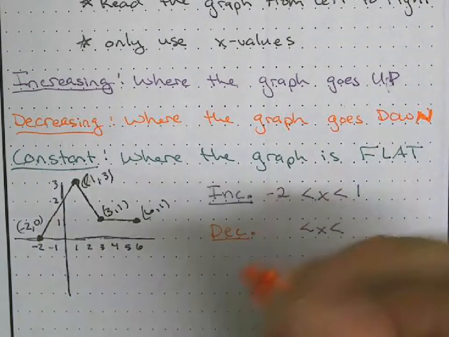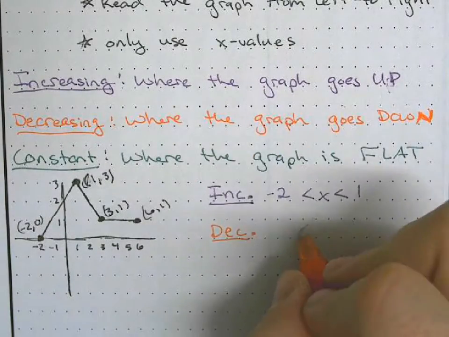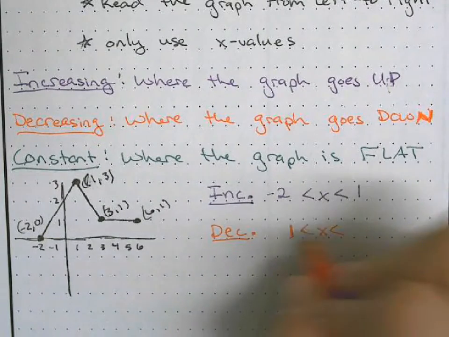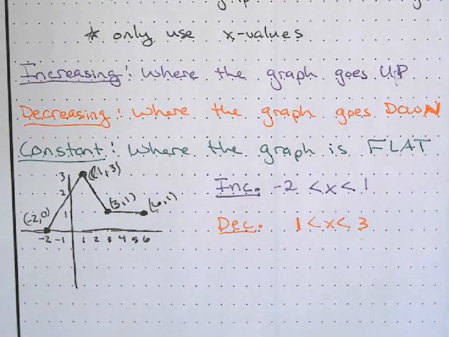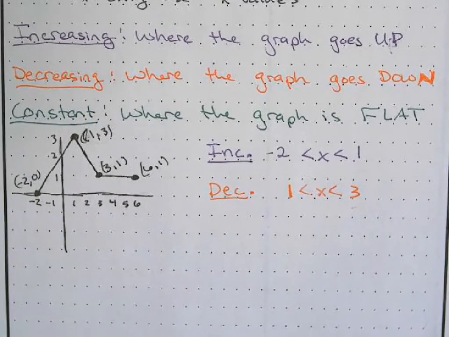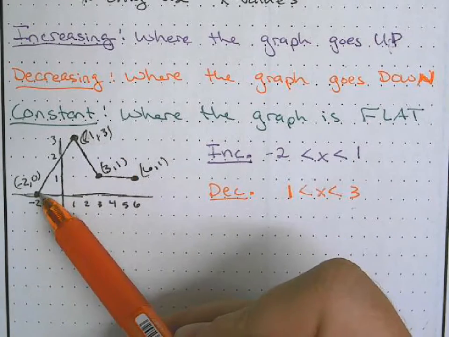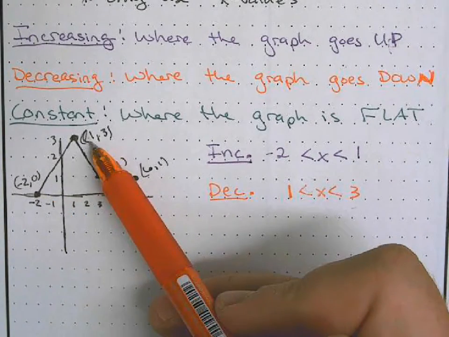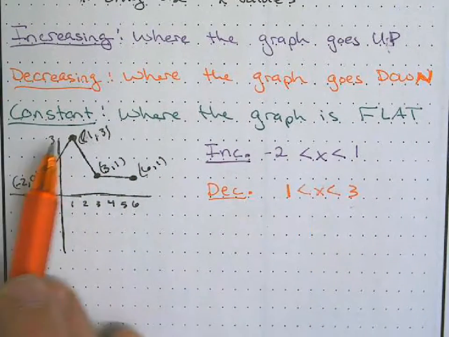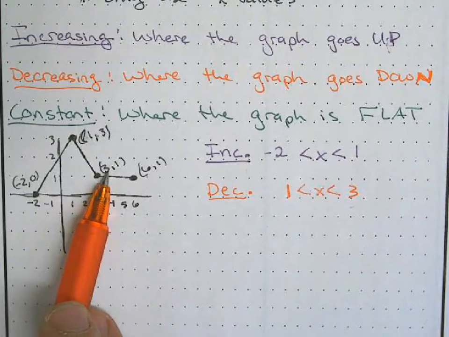So we're going to go from 1 to 3. So increasing going up from negative 2 to 1. It's going up from when x is negative 2 to when x is 1. Decreasing when we're going down from when x is 1 and we go down until x is 3.